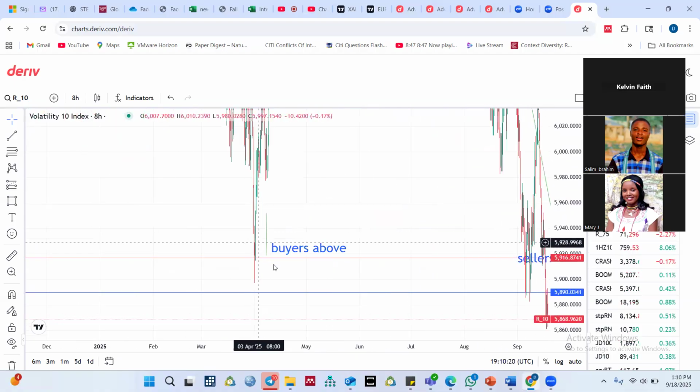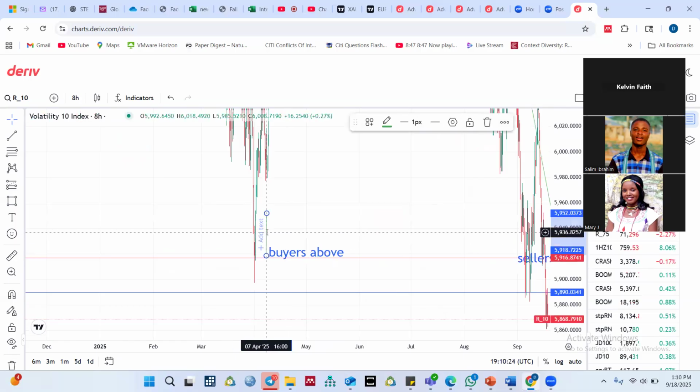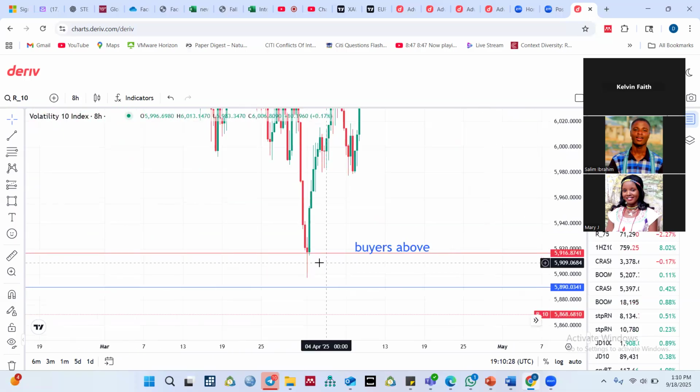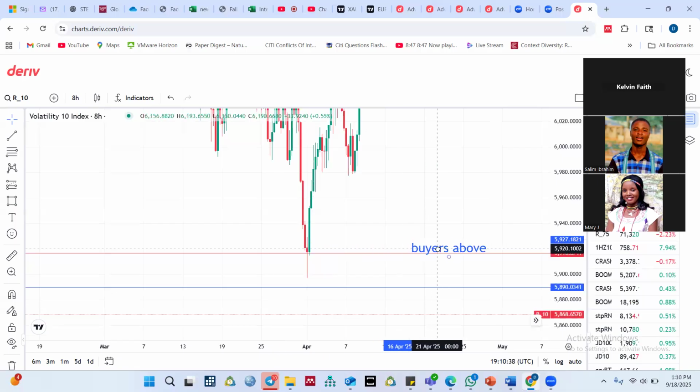So we've been able to identify that because of the bullish body taking off from this point, there is strong buying power from this price up. So buyers are above the red line.